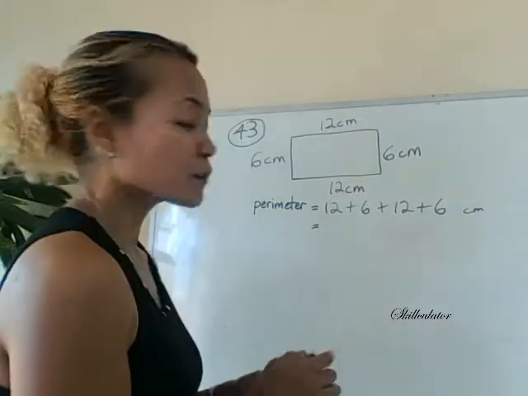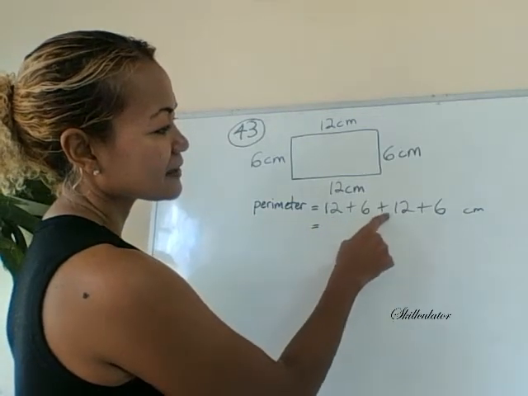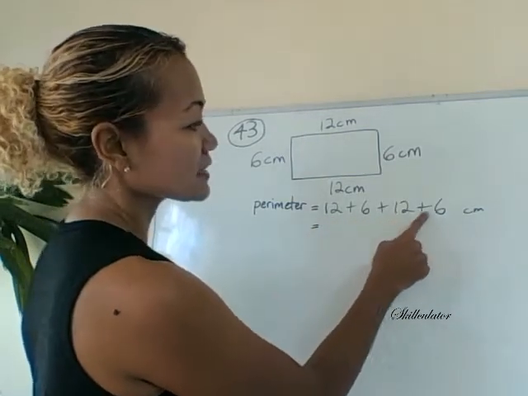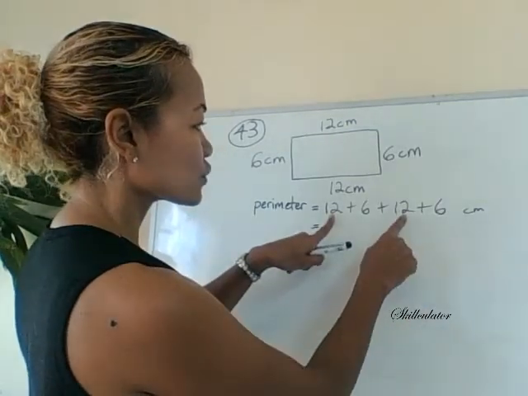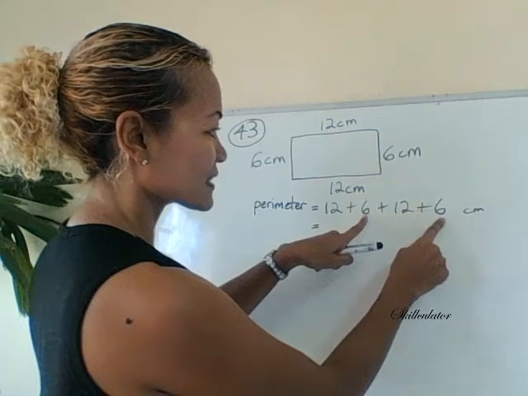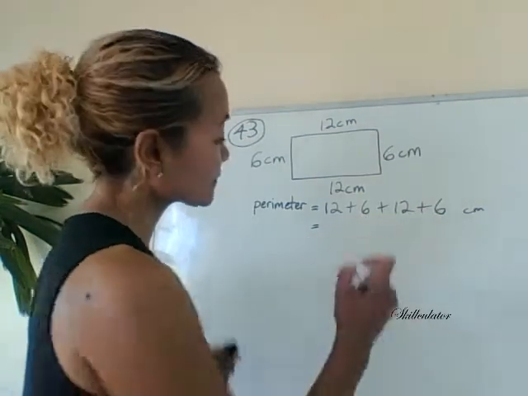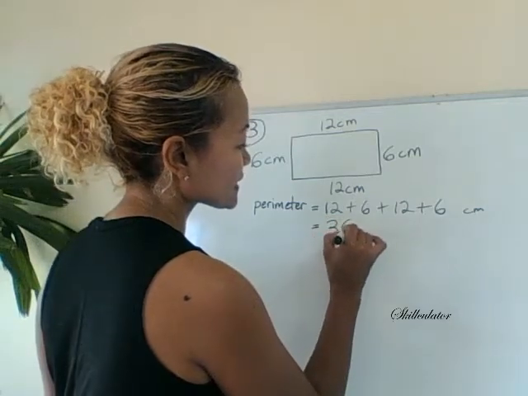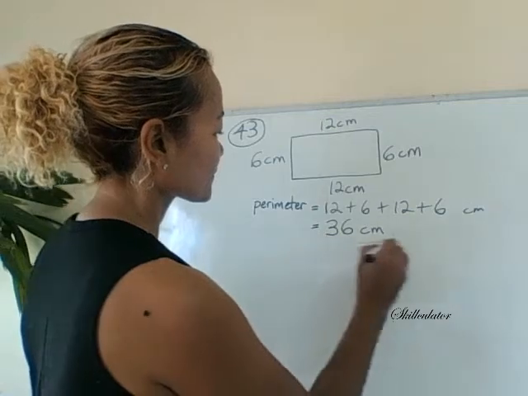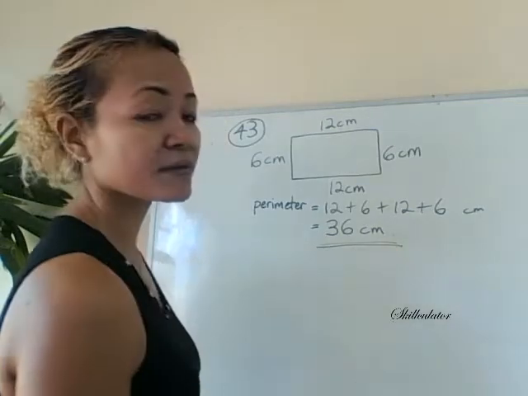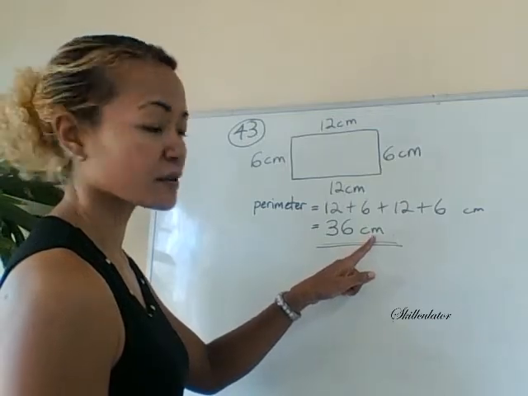Whichever way you want to add this: 12 plus 6 is 18, plus 12 is 30, plus 6 is 36, or 12, 24, plus this 12, 36. However you want to add it, it comes up to 36 centimeters. That's your answer. If they're asking for the perimeter, make sure you always include the units that you're dealing with, the correct units.